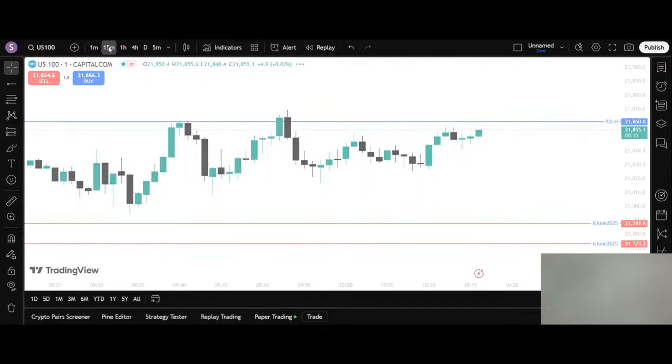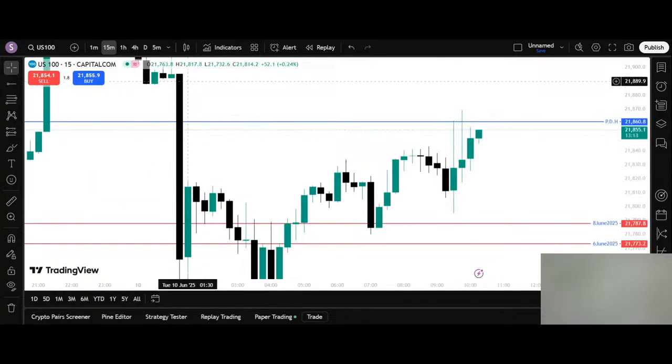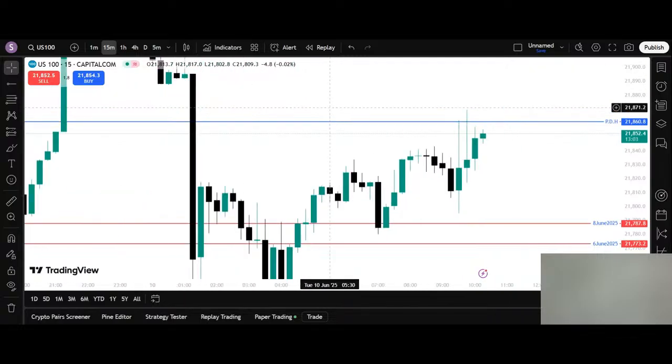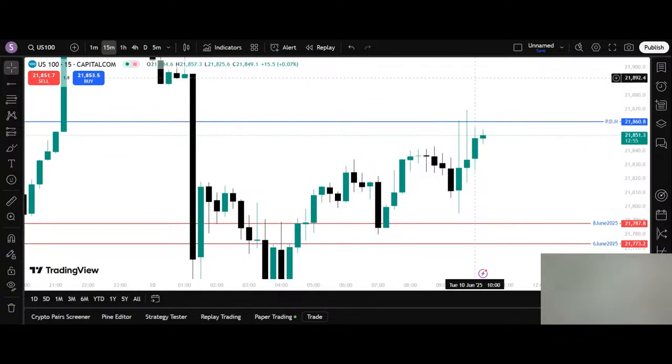But can we make a trade till the higher fair value gap? 21,891. Maybe. It can also happen that it goes till here and then rejects in around 10:50, and then we can take a sell. So we're just gonna have to wait and see.